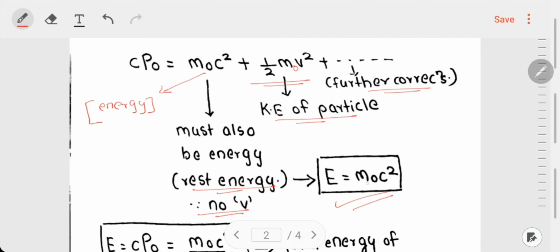This relation is found when there is no involvement of v, that is, the object is not moving, and we get an energy which is called m naught c square.